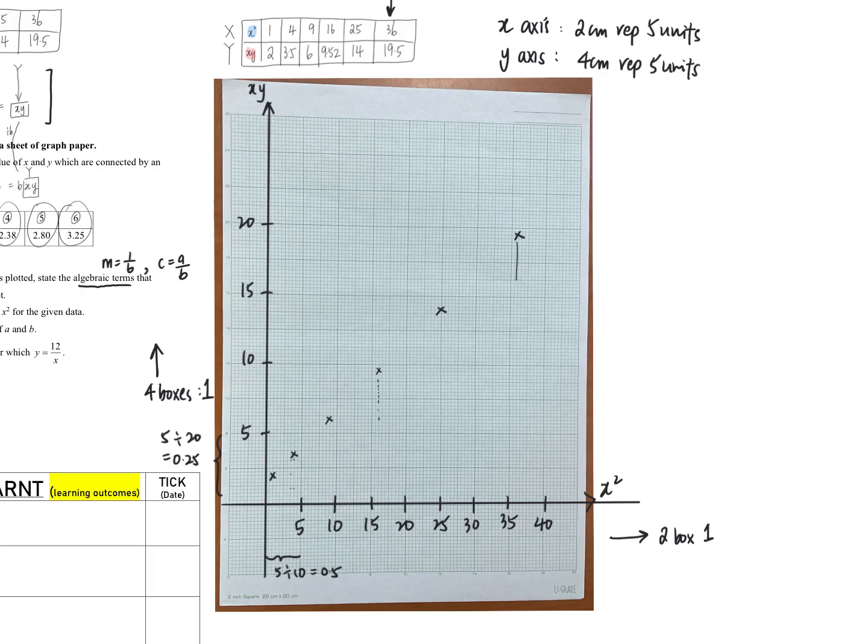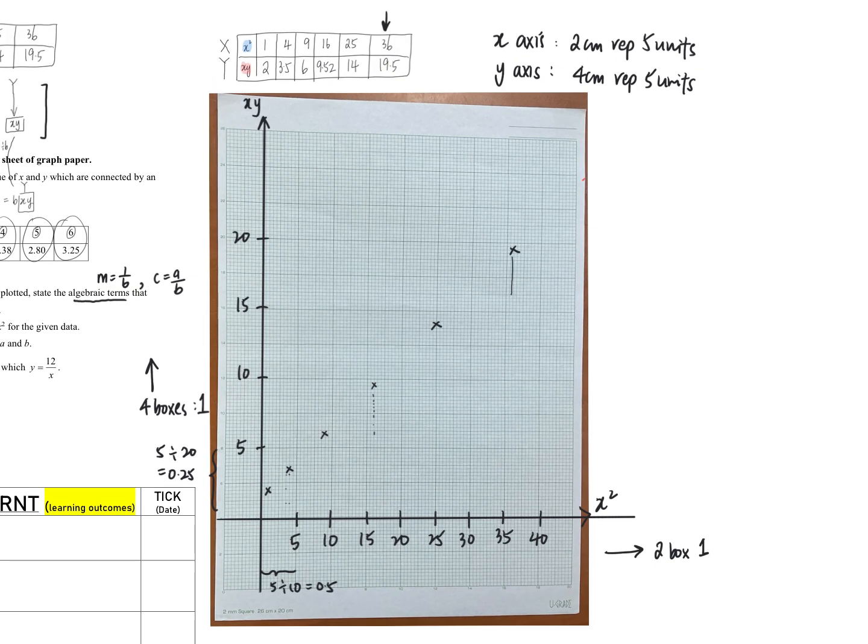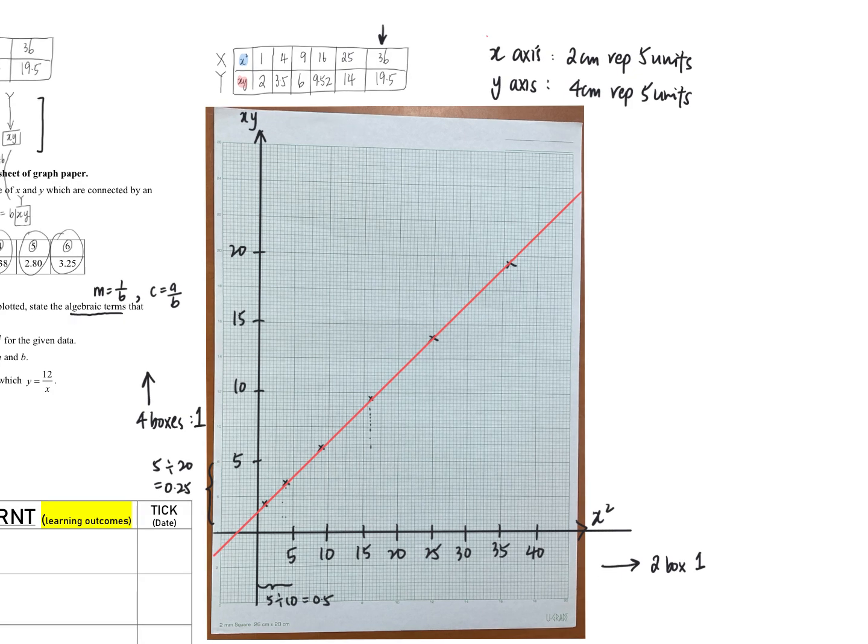Usually the points they give you will more or less fall on the same straight line. It's calculated already. You don't need to write down the scale, you just decide on your scale. No need to write here, I write for you to see. When they never specify for you, you decide your own scale. But on your whole graph paper, you shouldn't be drawing your graph so small at the corner.